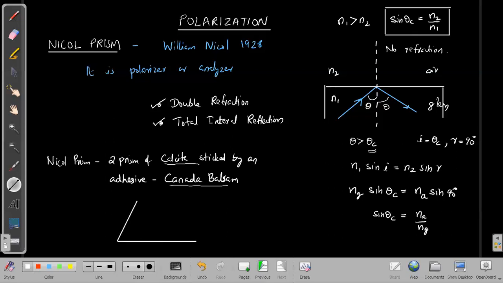First prism, the second prism. Now both the prisms are put together by Canada balsam.